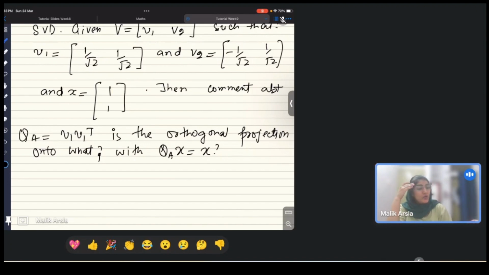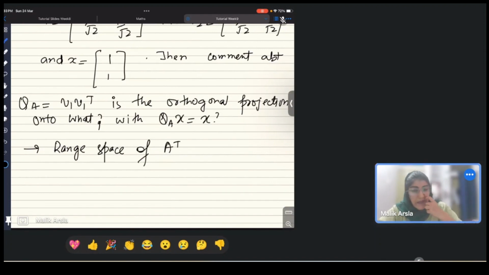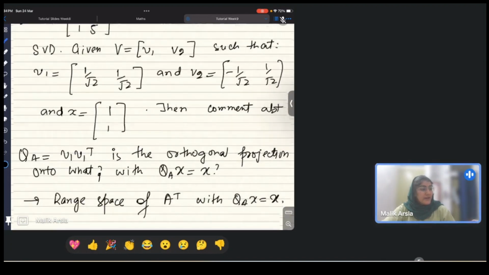That QA equal to V into V transpose is the unique orthogonal projection onto the range space of what? Range space of A transpose, right? With QA x equal to x.